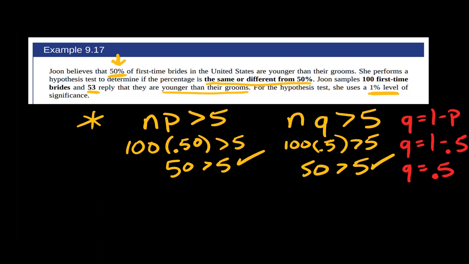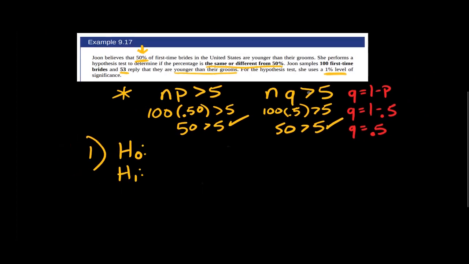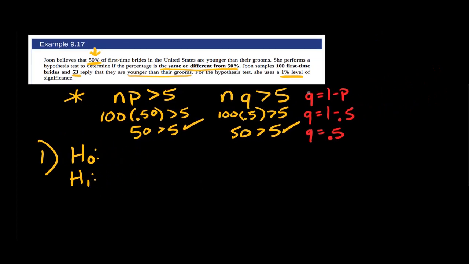Step 1 in all hypothesis testing is to write your hypotheses. So we write out our null and alternative hypotheses. First off, what are we writing a hypothesis for?